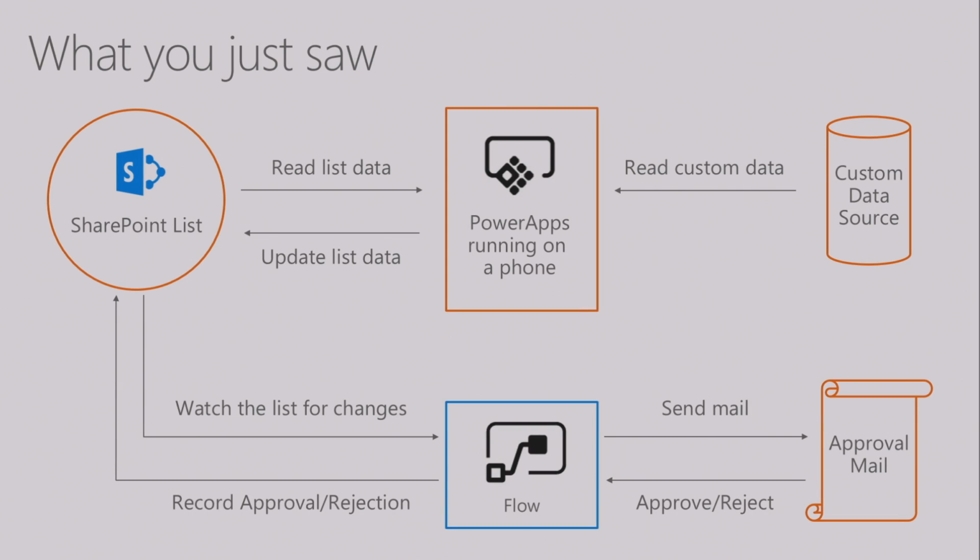And then I had a flow, which I will show you when we're building it, that was watching that SharePoint list for changes. And when it noticed that a new request had been added, it went and found the manager of the person who had submitted the request, sent them an approval mail, and then waited for input from that approval. When the approval eventually came, Flow took that approval and then executed it by writing and updating that item on that SharePoint list. So in a nutshell, this is basically the moving pieces of that business application.